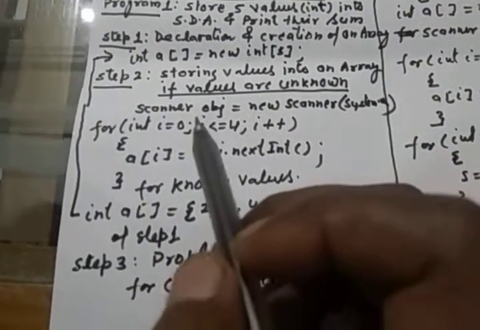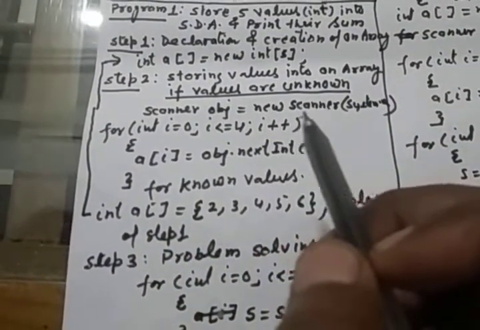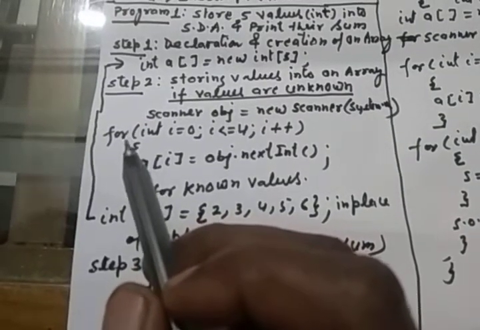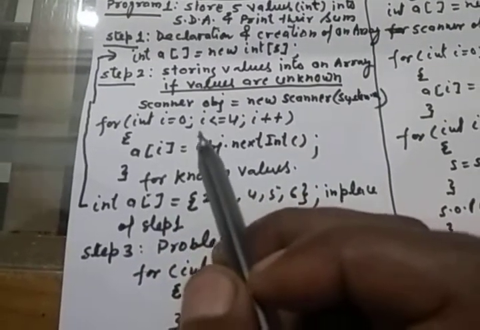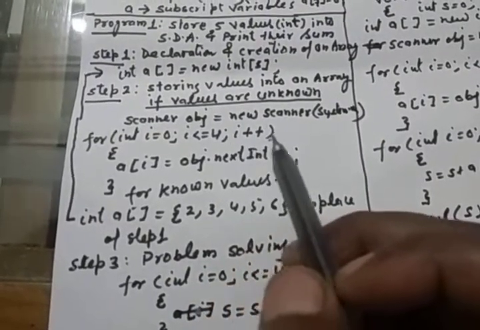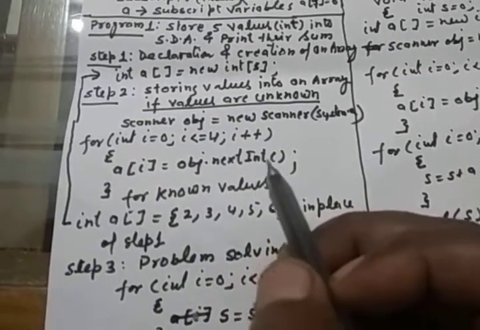So how will you ask for the values from the user? Look here. Scanner obj = new Scanner(System.in). Then we will use the loop: for(int i=0; i<=4; i++) a[i] = obj.nextInt().